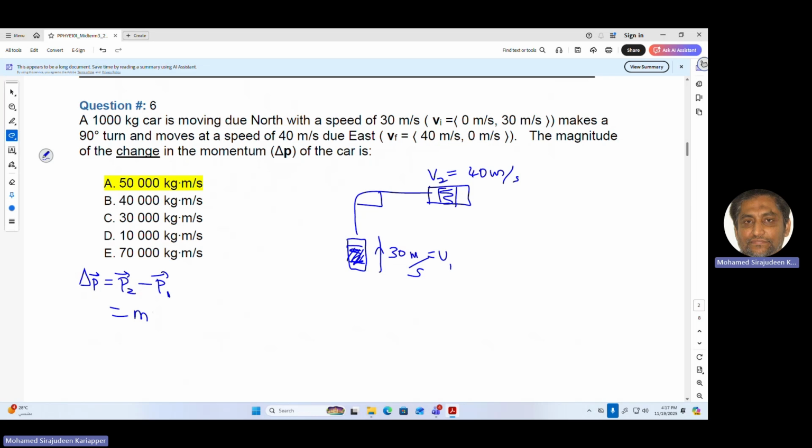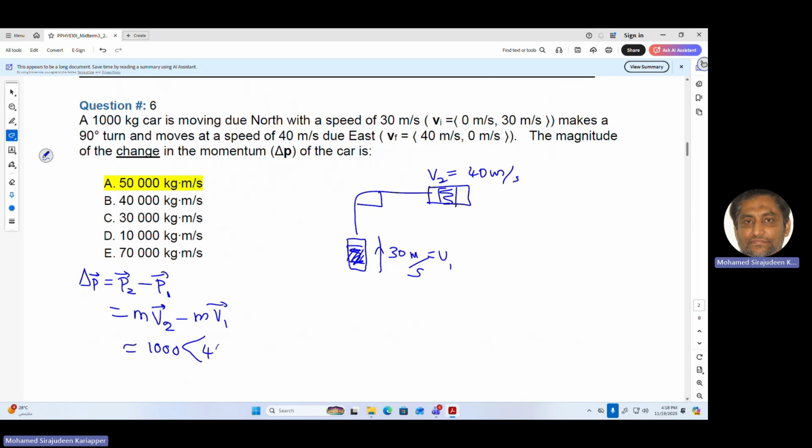So V2 is the same car that is moving in a different direction. These are vectors. Now it is not just the sign, we actually have to give the x component and the y component because it is two-dimensional. So mass is 1000 and V2 is, there it is Vf, but I am calling it V2. Doesn't matter.